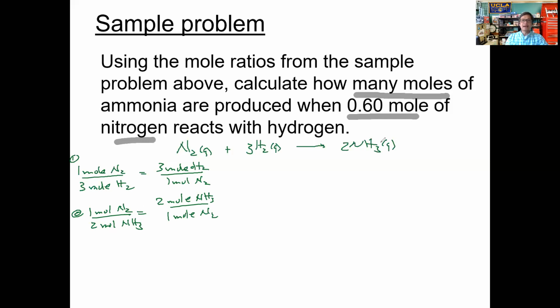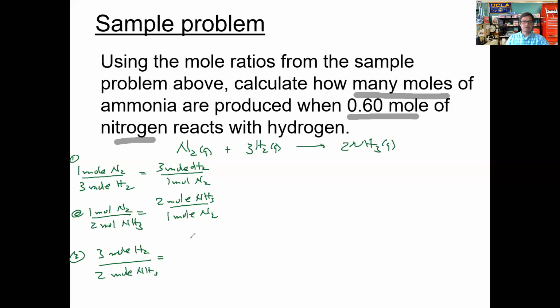So we've compared nitrogen to hydrogen, nitrogen to ammonia. The last one is going to be hydrogen to ammonia. Let's go ahead and write that down. We have 3 moles of hydrogen, 2 moles of ammonia.